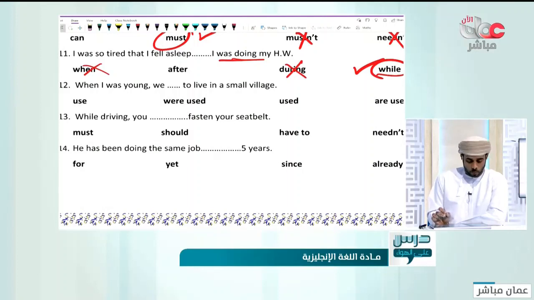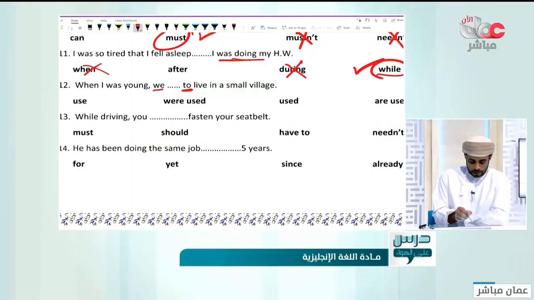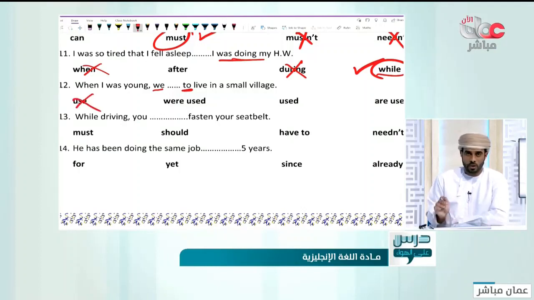12. When I was young, we used to. Even though we pronounce it as used to, it is written used to. Is it we used to? No, because we said there is nothing in positive sentences like that. We were used to? No. We used to? Yes. We are used to?